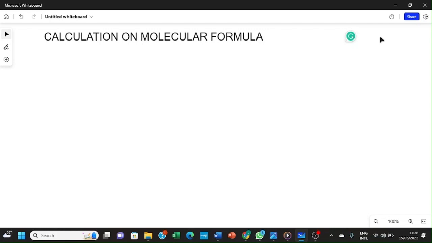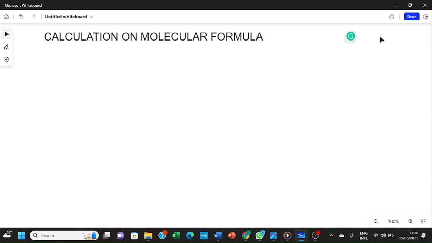I repeat, you need the empirical formula of the organic compound or any other compound, and the molecular mass of that particular compound. From our previous class, the molecular formula shows the actual number of atoms of each of the elements present in that molecule.